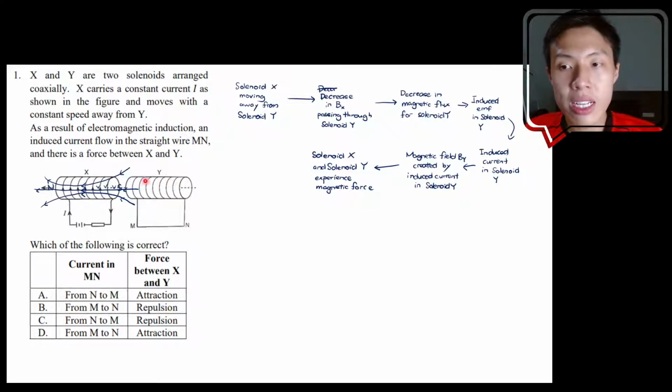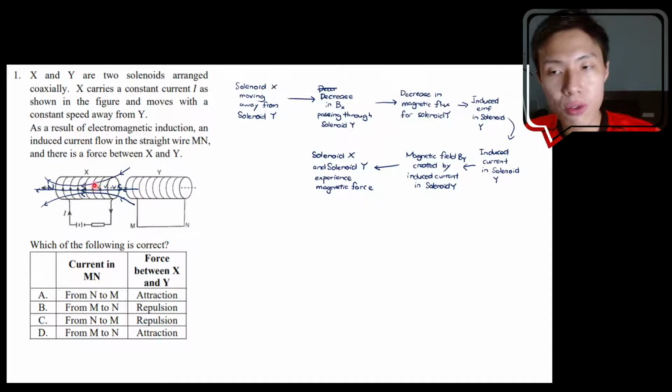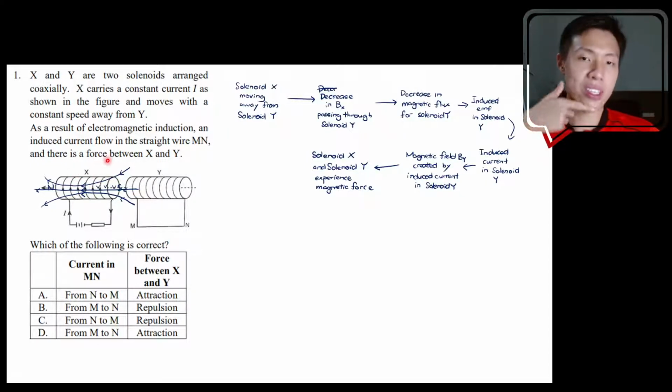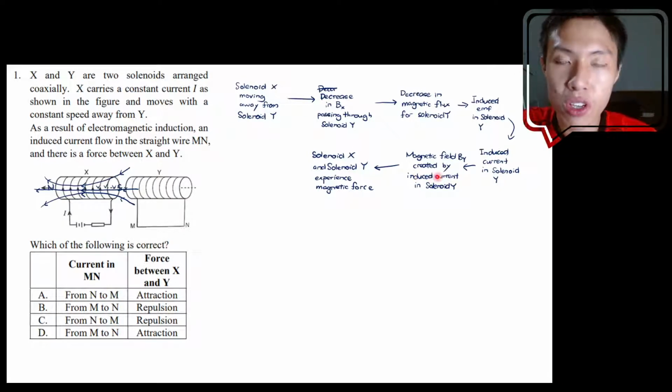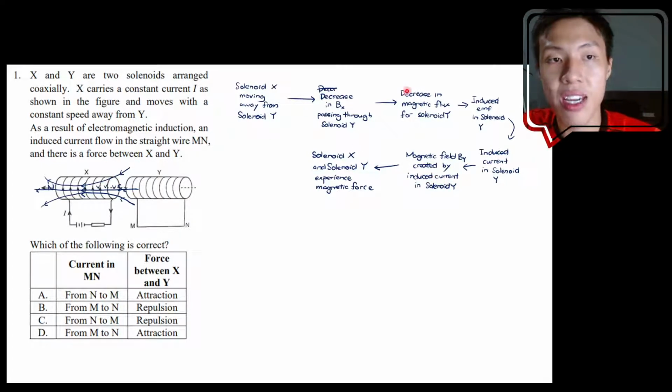Again, there's a magnetic field passing through coil Y, and that magnetic field is produced by coil X. So this induced current will try to oppose the change in magnetic flux, and right now the change is a decrease in magnetic flux.